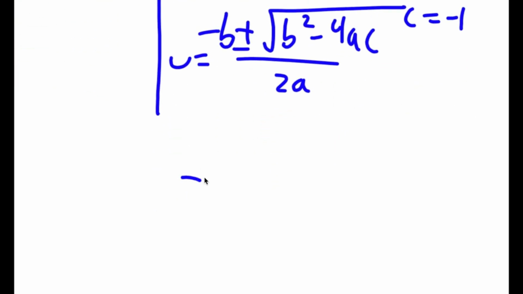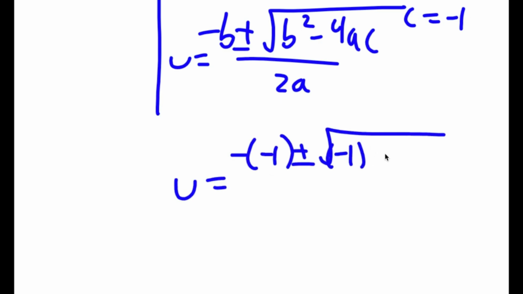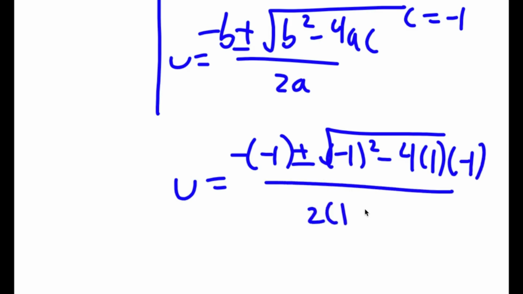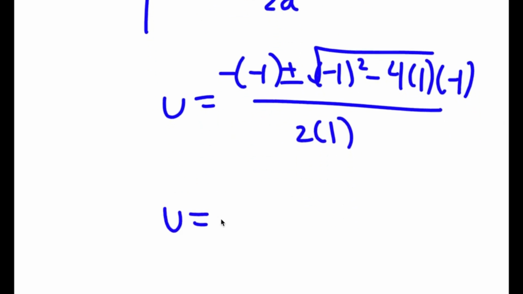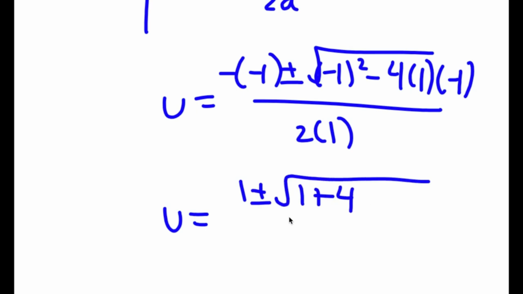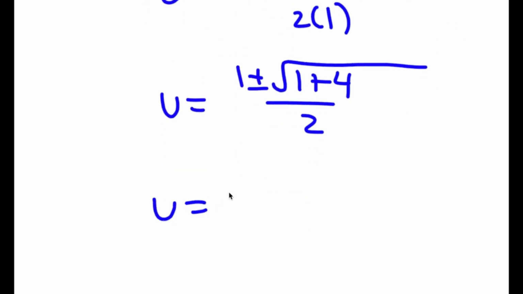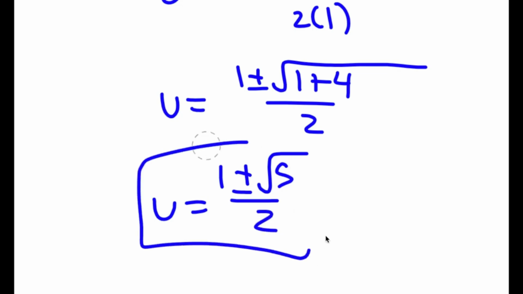So I have u is equal to negative of negative 1 plus or minus the square root of negative 1 squared minus 4 times 1 times negative 1, all over 2 times 1. And this is equal to 1 plus or minus the square root of 1 plus 4, over 2. And this is equal to 1 plus or minus the square root of 5, over 2. So these are two more solutions.